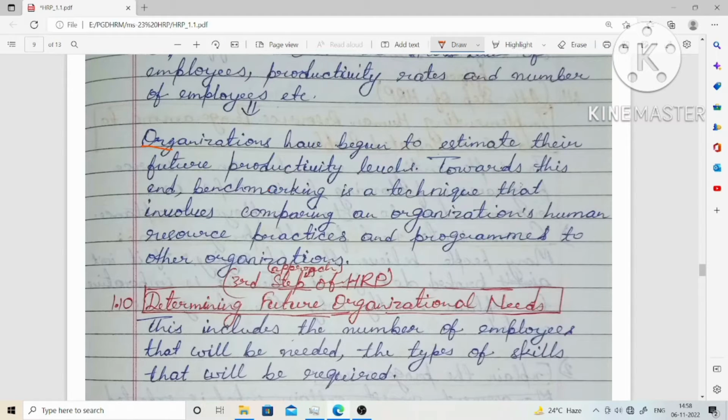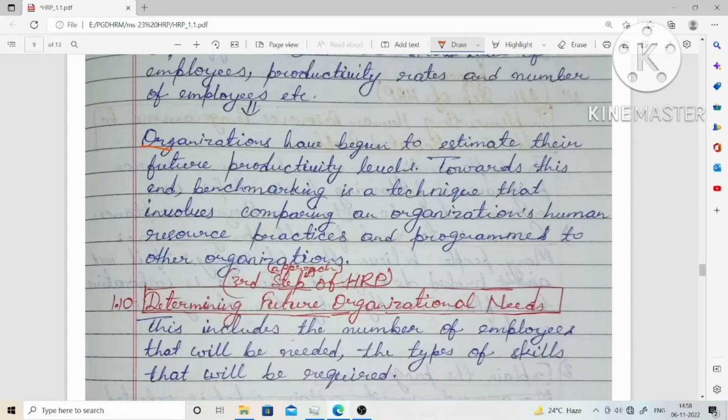If any organization wants to estimate their future productivity levels, then that organization will have to use the technique of benchmarking, which involves comparing an organization's human resource practices and programs to other organizations.